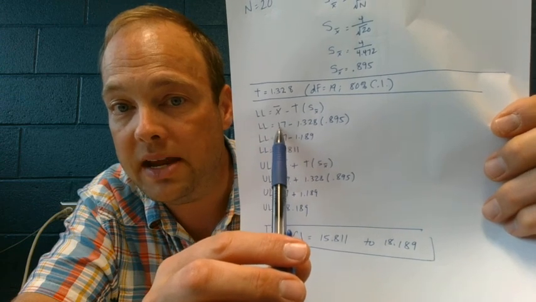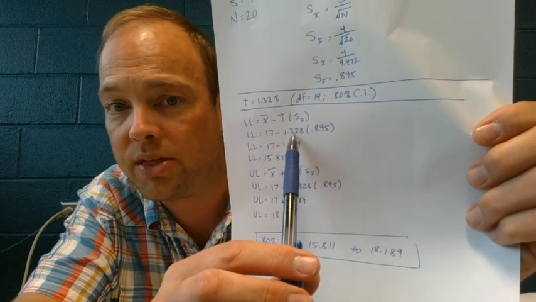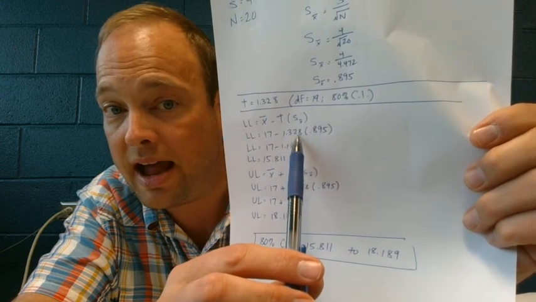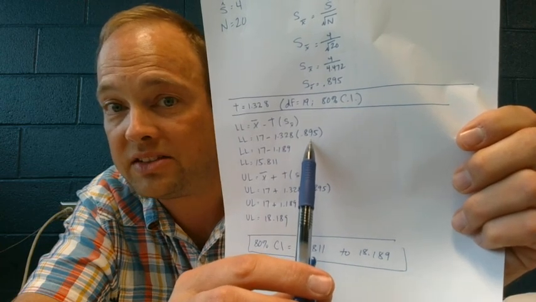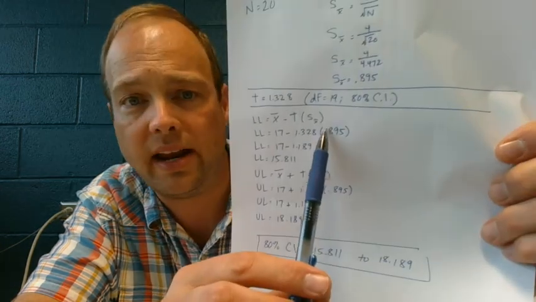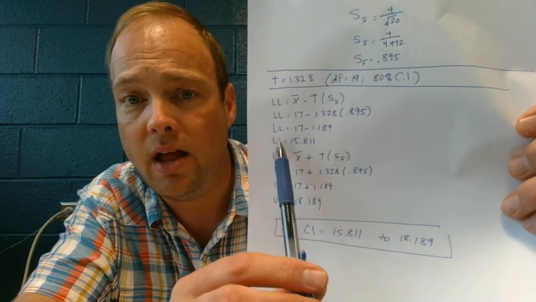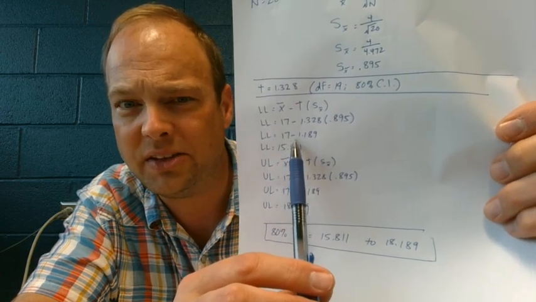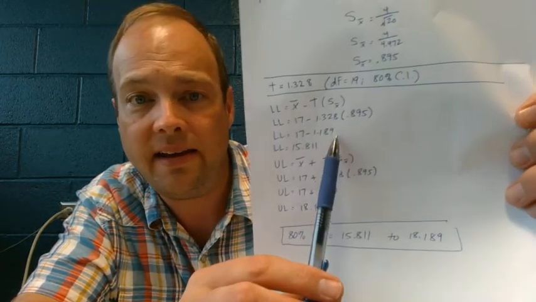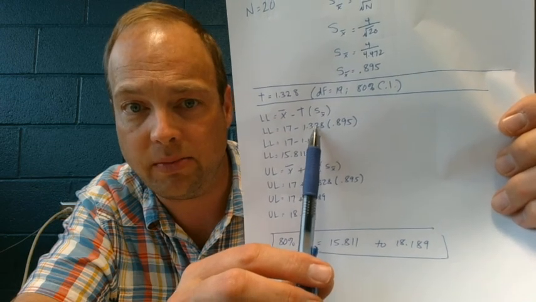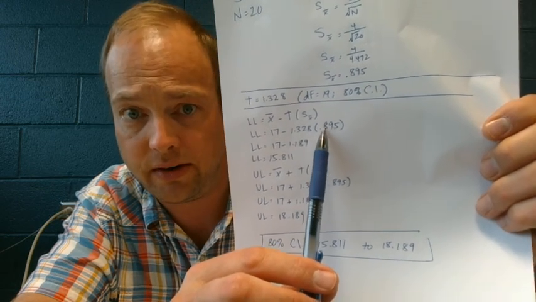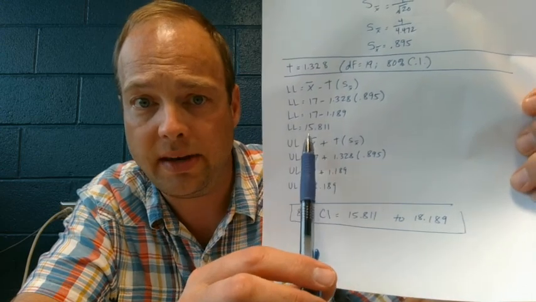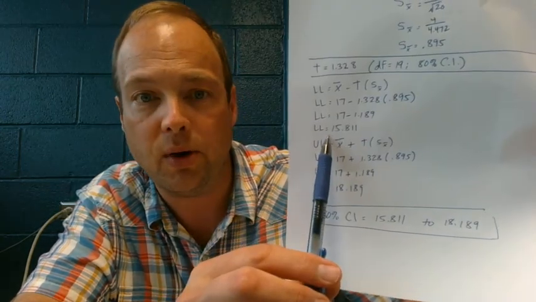Lower limit equals a mean of 17 minus 1.328, that came from the table, times 0.895. That's the standard error for the sample. Lower limit equals 17 minus 1.189. That's simply the t-value from the table times the standard error for the sample. Lower limit equals 15.811. Boom, that's our lower limit.